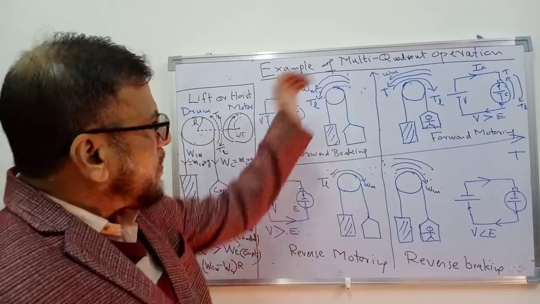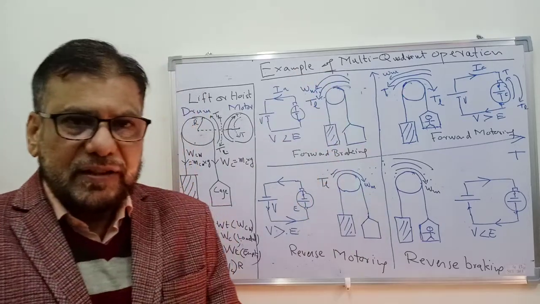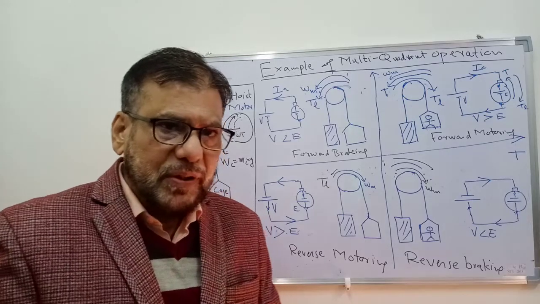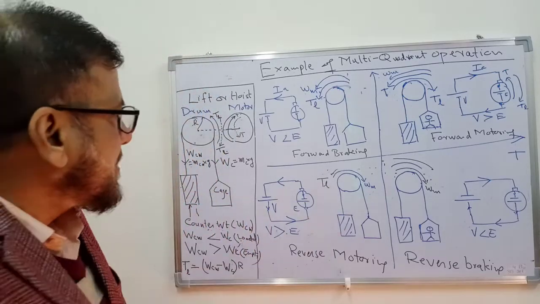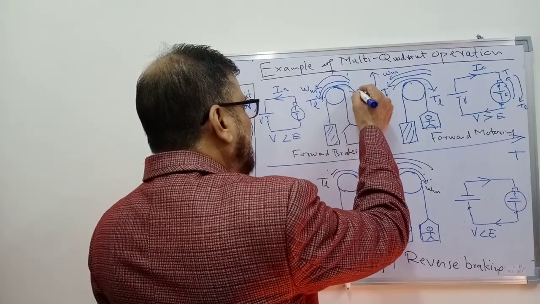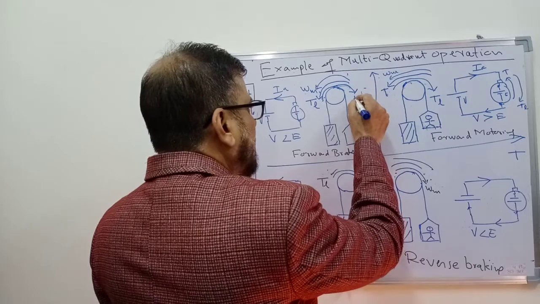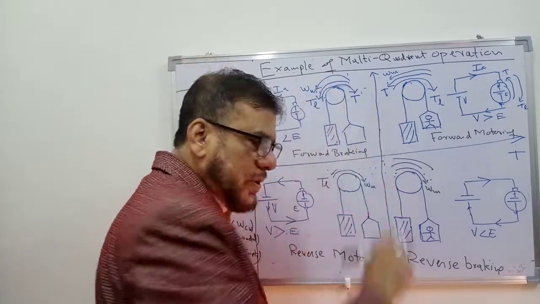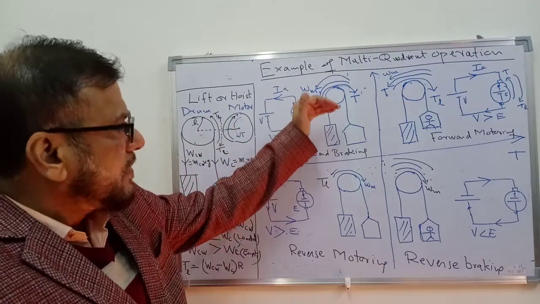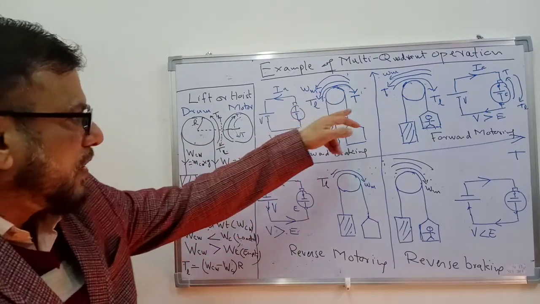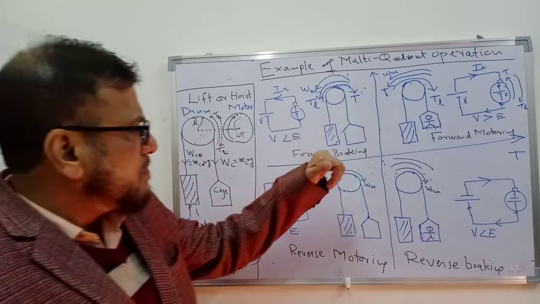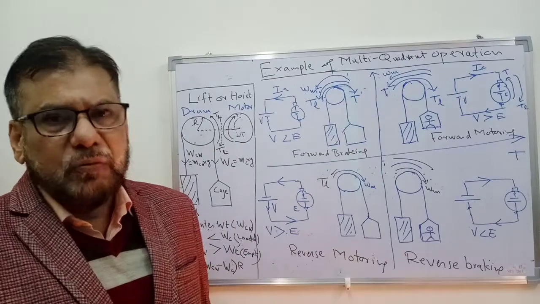So we have to counter this load torque such that the speed is maintained at a constant value and does not become very high. So we have to produce a torque in the opposite direction. So the motor will produce a torque in the clockwise direction to overcome this load torque, or a torque which is nearly equal to the load torque, so that the cage moves slowly in the upward direction.